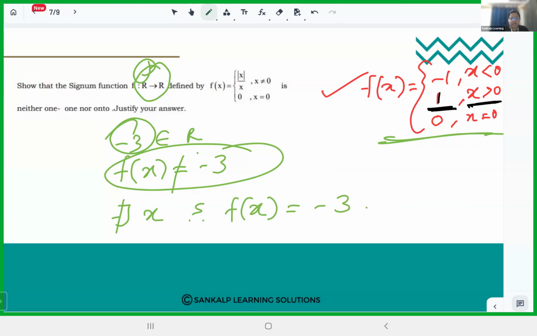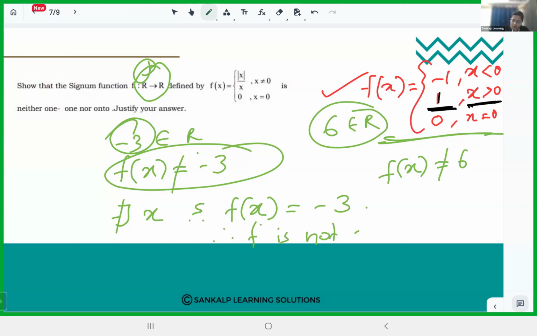If you take 6 belongs to R, can you find an x from R such that f of x equal to 6? F of x can never be equal to 6. So you can find different numbers from R that don't have a pre-image in the domain R. Therefore we can conclude that f is not onto.